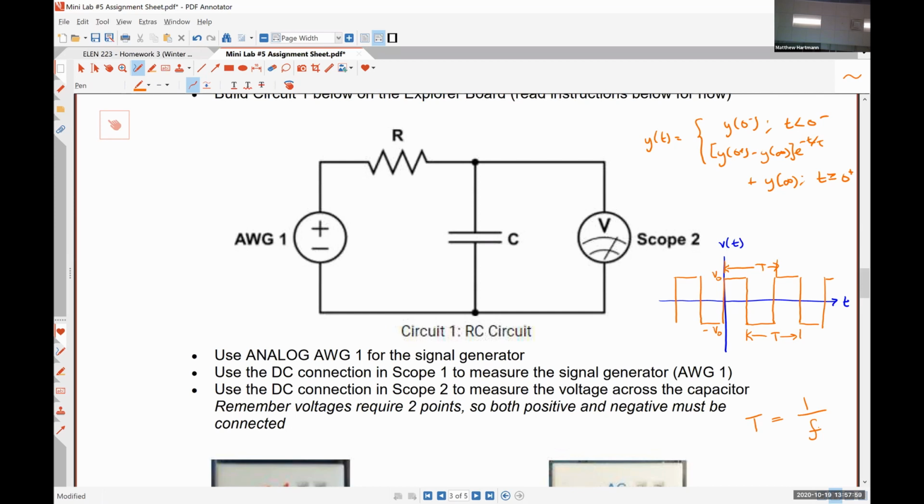So 1 millisecond is our period. And that means that for half of a millisecond, or 500 microseconds, it is at positive 2 volts. And for the next 500 microseconds, it's at negative 2 volts.